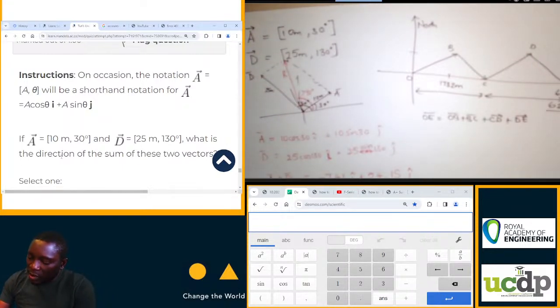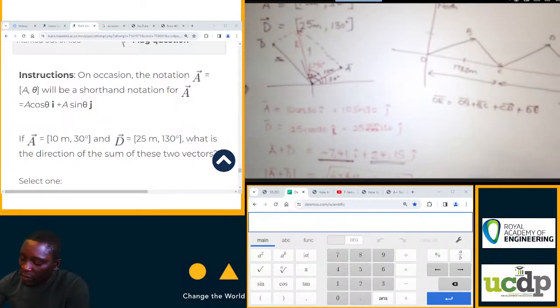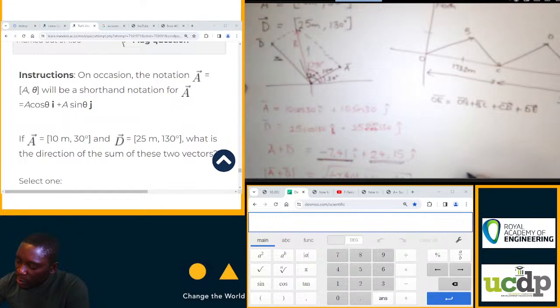And in this case, we have the components of this resultant as the sum. Remember, we had got these values, negative 7.41, and 24.15. So the negative 7.41 is a displacement in that direction. And the 24.15 is a displacement in the positive y.